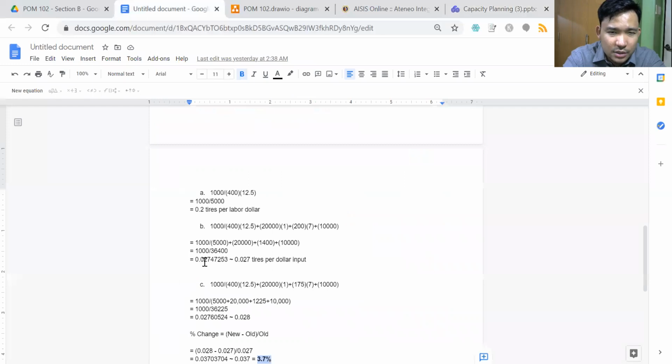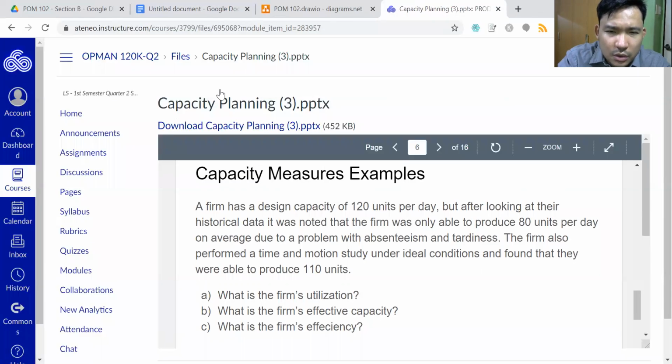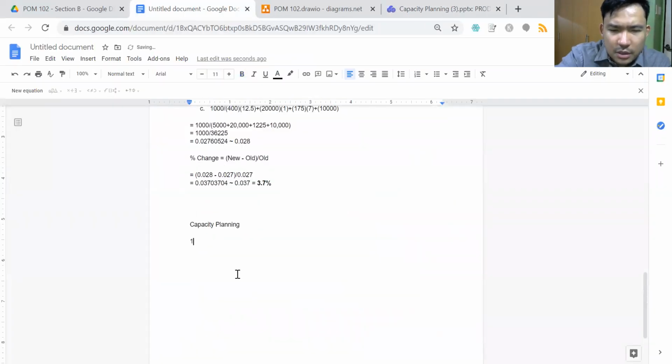Okay, so let's just use the same sheet from before. So we have capacity planning. Design capacity, one given.